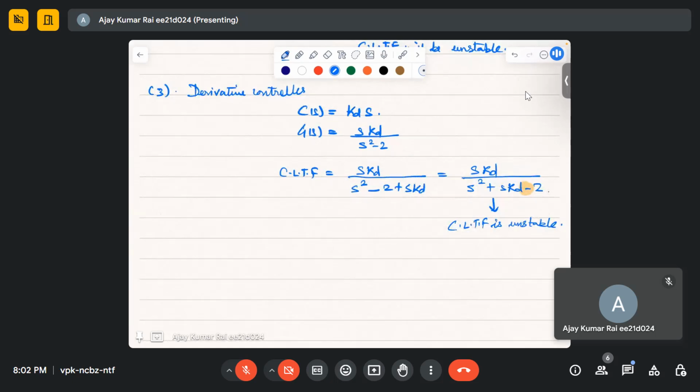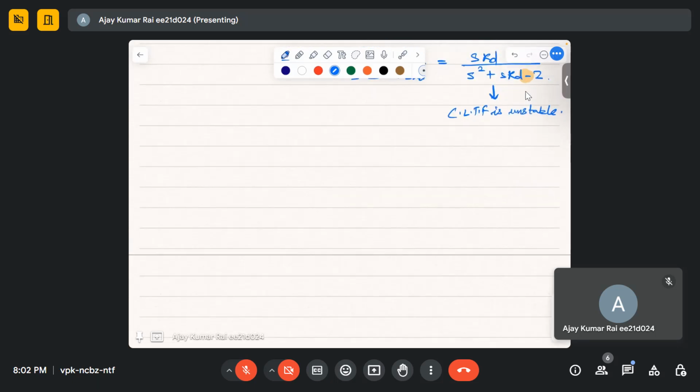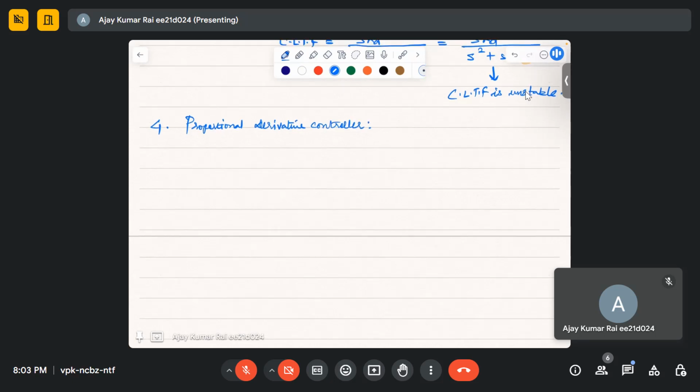Okay, so now the last part, proportional derivative controller. The C of s will be Kp plus s into Kd, right? We are just adding these two controllers, and G of s will be one by s square minus 2.